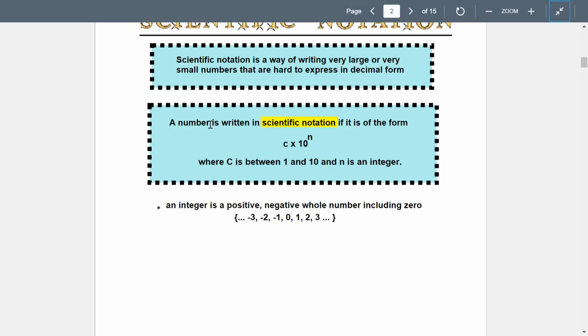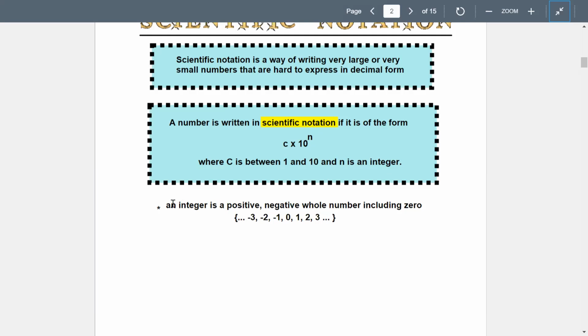So this next statement says that a number is written in scientific notation if it is of the form c times 10 to the n, where c is a coefficient. That's what c stands for, coefficient, which is a number that you multiply a variable by, and it must be between 1 and 10, and this number n here, which is an exponent, is an integer.